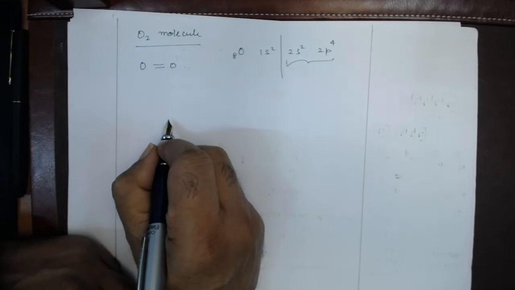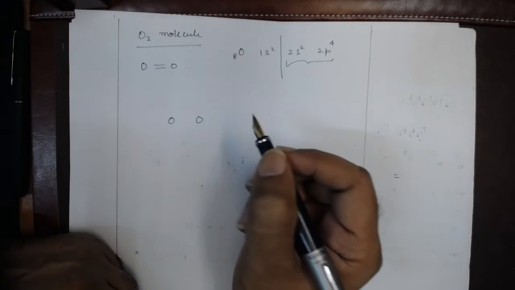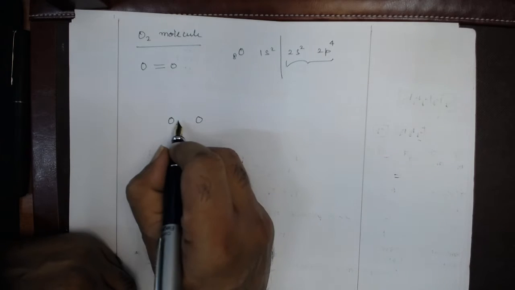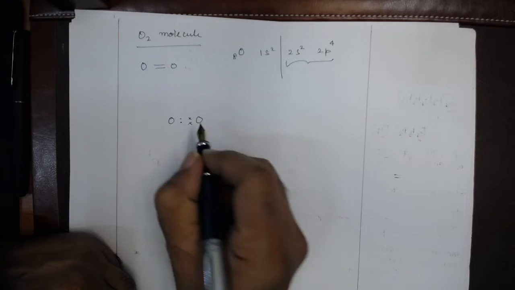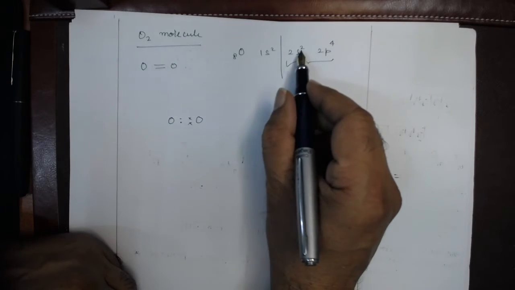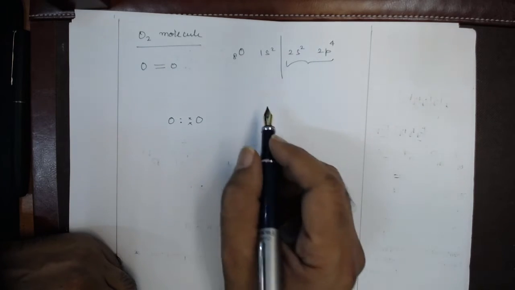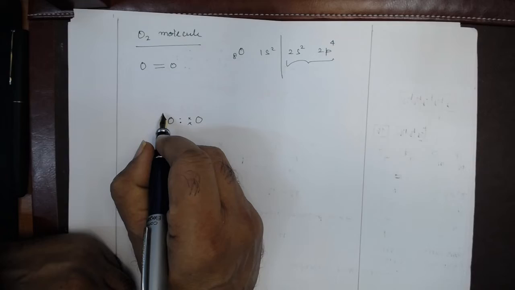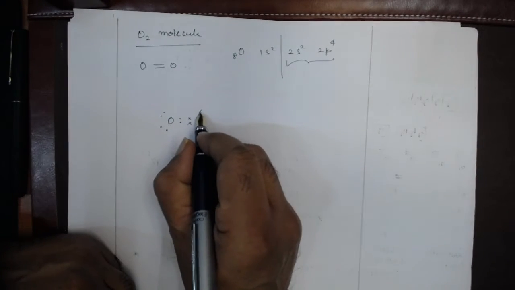Now you have oxygen here, another oxygen is here, and 2 electrons are given here, 2 electrons are given here for bonding. And what about the remaining? The total is 2 plus 4, 6. So 2 have been donated, so the remaining are 4. So the 4 will be like this as non-bonding or lone pair electrons.